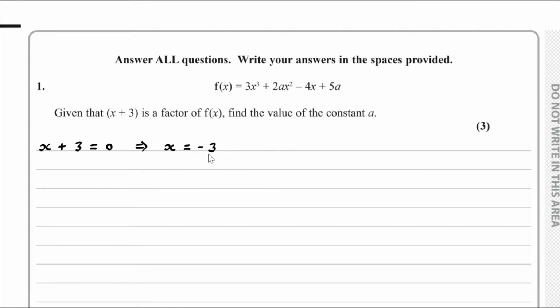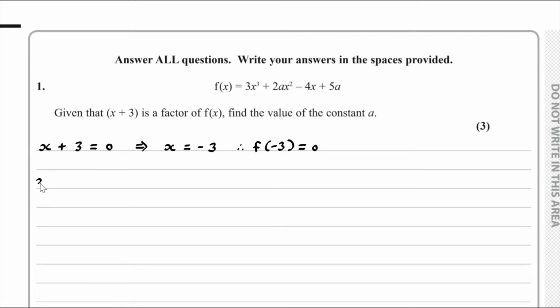And with this, we can therefore say f of minus 3 is equal to 0. So, substituting minus 3 for x and then setting f of minus 3 equal to 0, we can arrive at a linear equation in a and then solve for a.